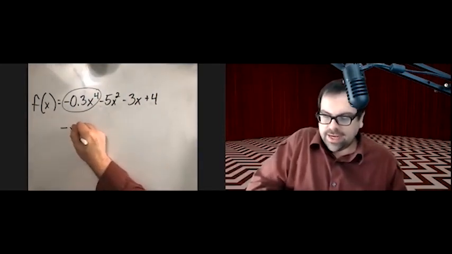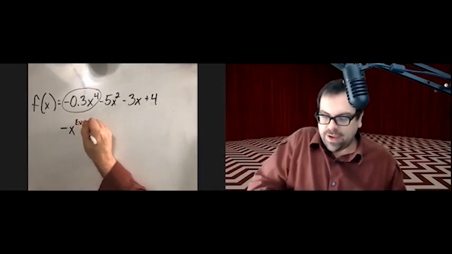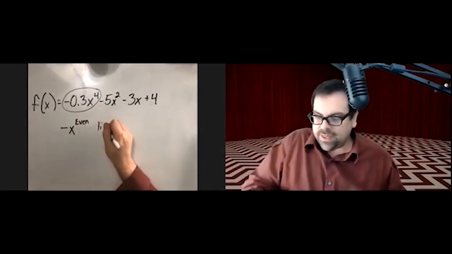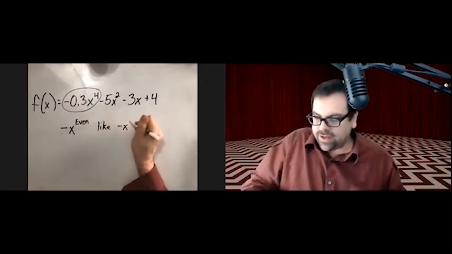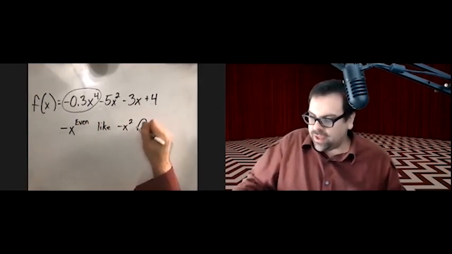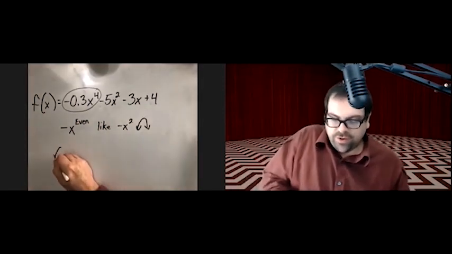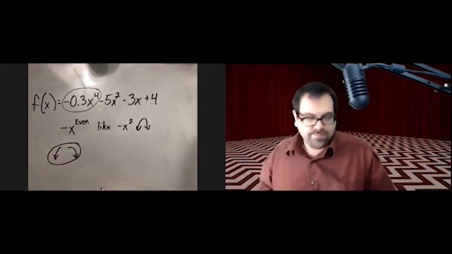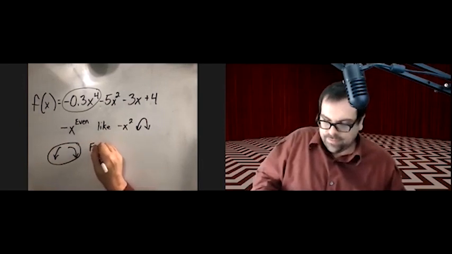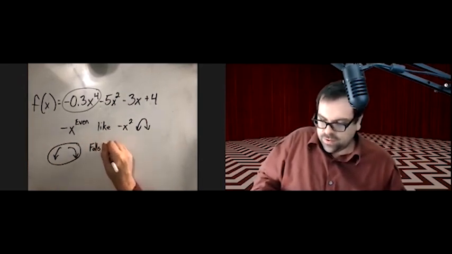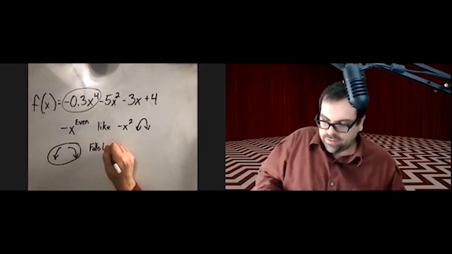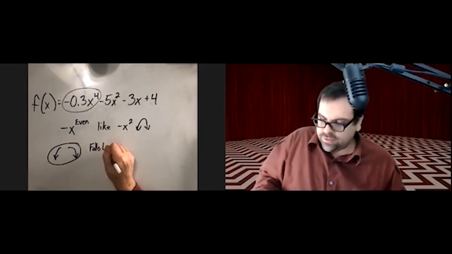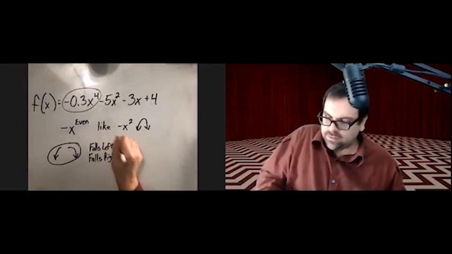This is a negative x to an even power. That means it's like negative x squared, which looks like this. So it falls to the left and falls to the right. Falls left, falls right.